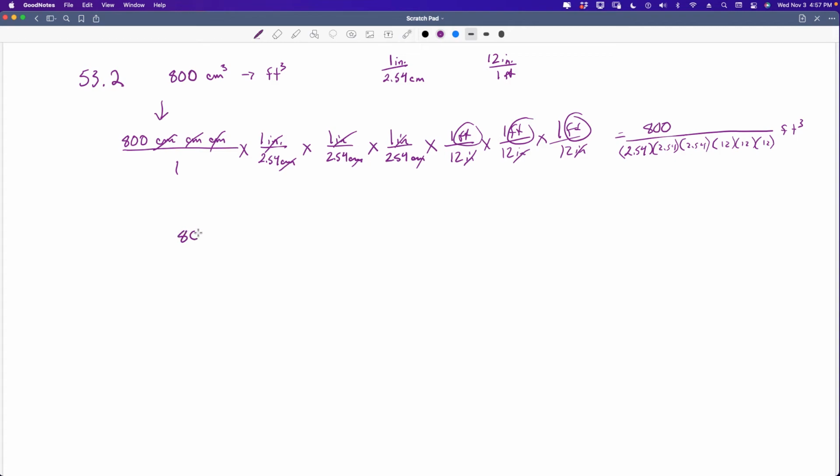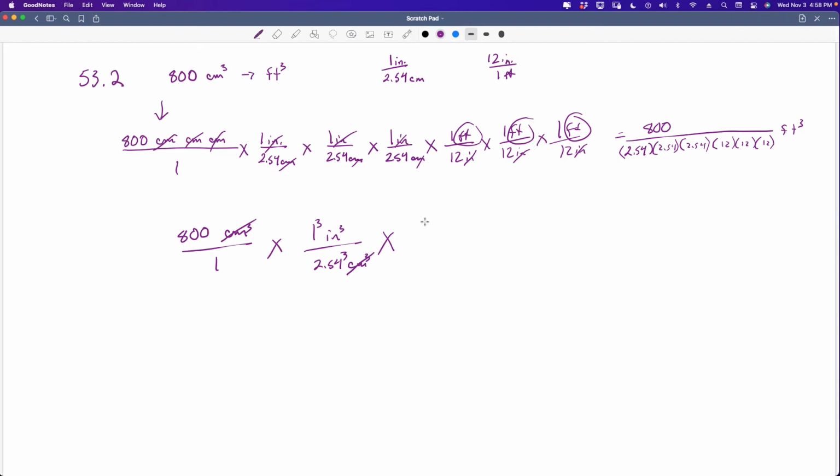So 800 centimeters cubed over 1 times 1 inch cubed over 2.54 cm cubed. Make sure everything is cubed, right? This cancels this. Now we need to go to feet.